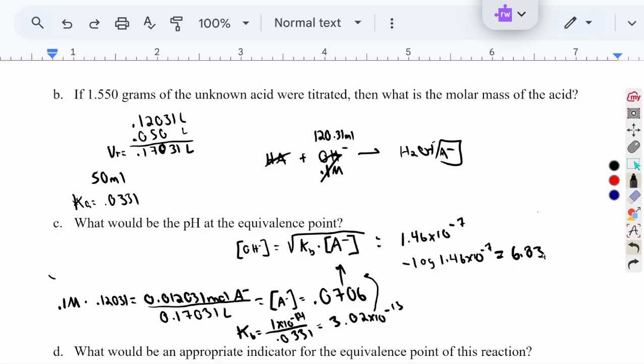This is my pOH. So I'm going to do 14 minus 6.83. That's going to get me my pH, which is equal to 7.16 approximately. So this is my pH at the equivalence point. What would be a good indicator for that?